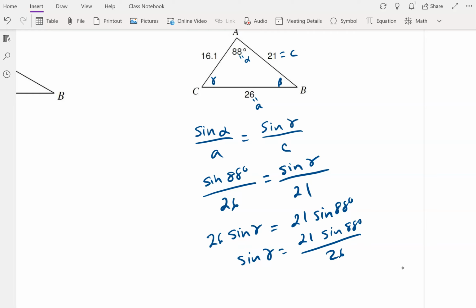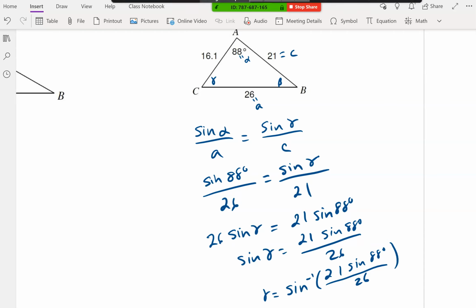And just to save me from having to go back and forth, I'm going to go ahead and do the inverse sine of both sides. It's the inverse sine of 21 sine of 88 over 26. So let's go over to the calculator.